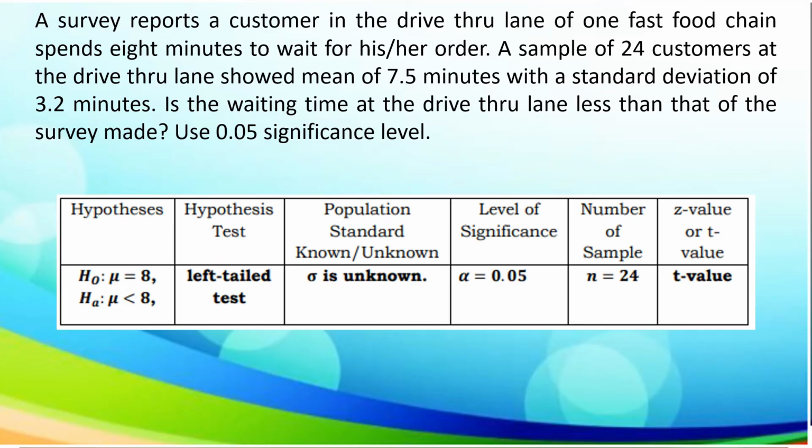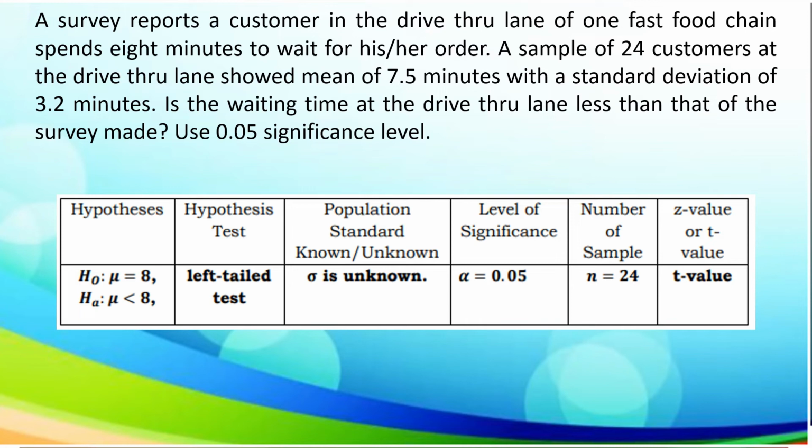The hypothesis here is the null hypothesis is the mean, which is 8, and the alternative is the mean is less than 8, which refers to the minutes the customer waited for his or her order.